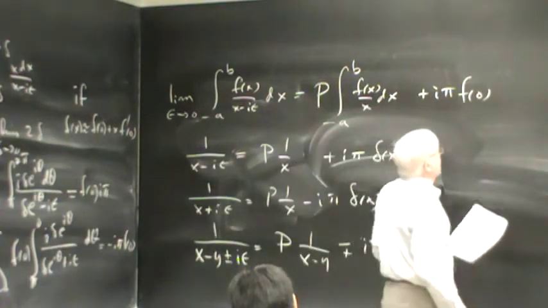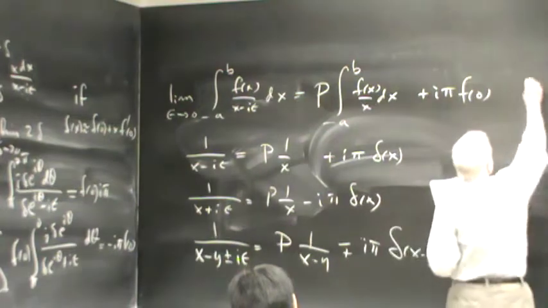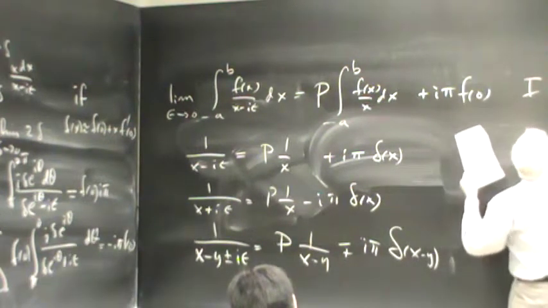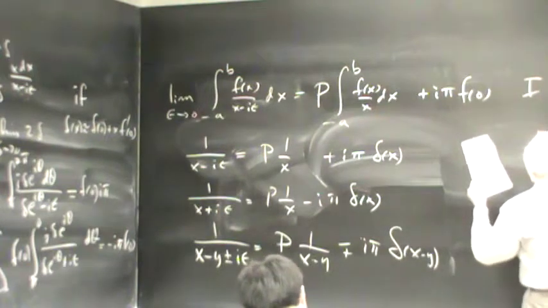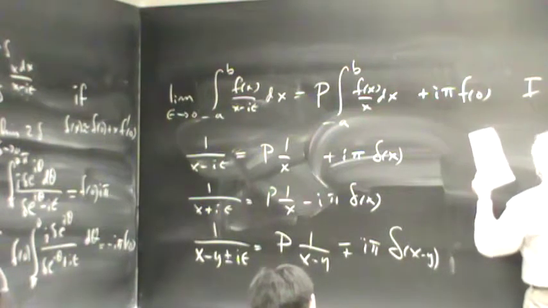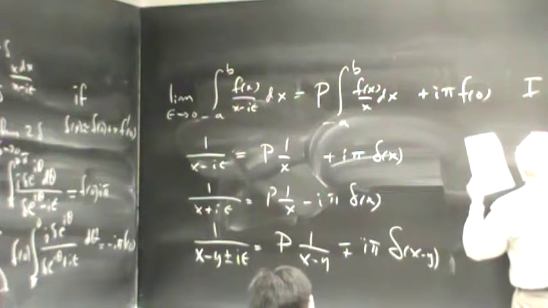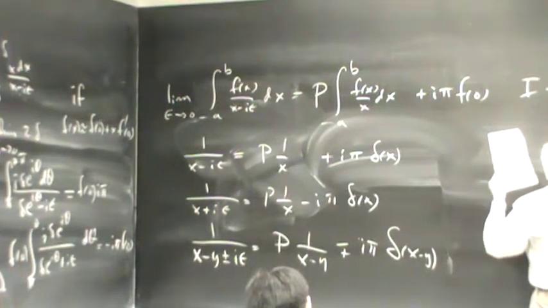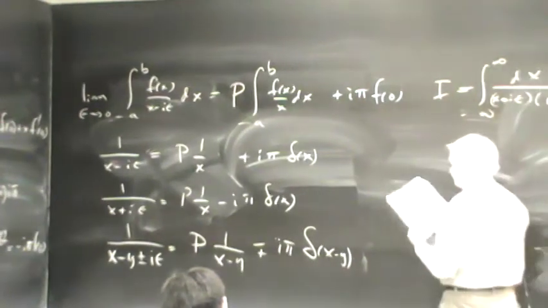Okay, so as an example, suppose we have the integral from minus infinity to plus infinity, dx over (x plus i epsilon) times (1 plus x squared).